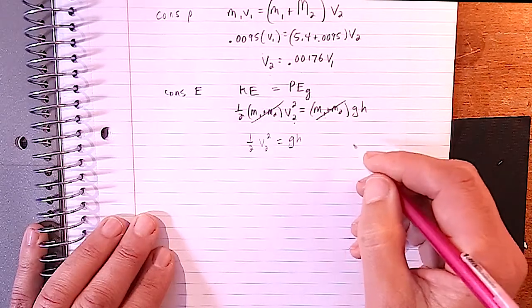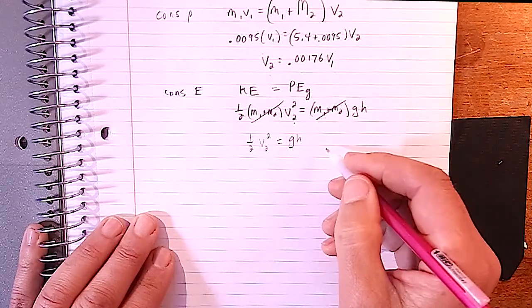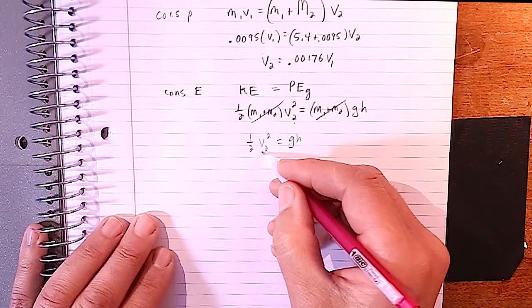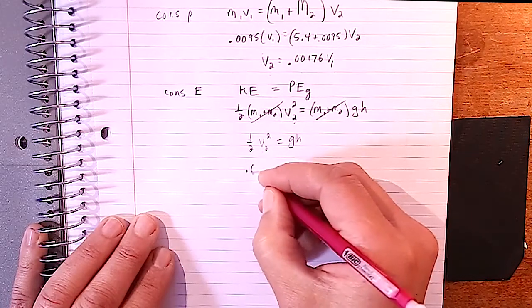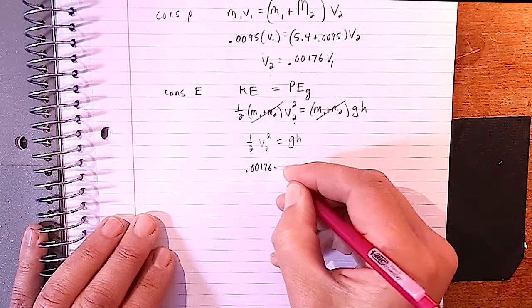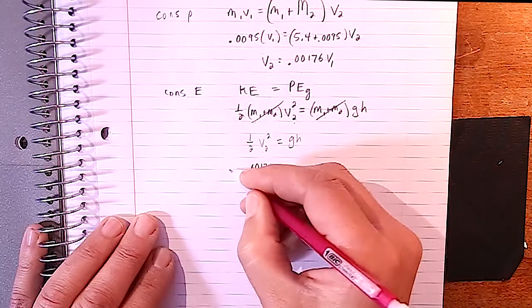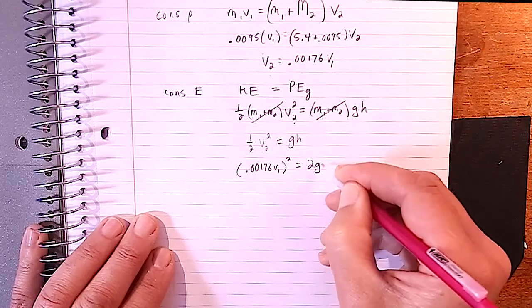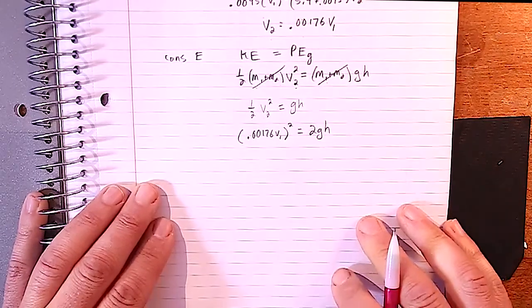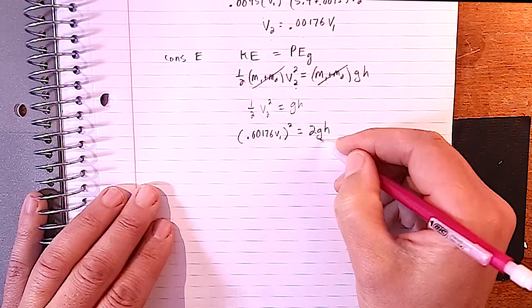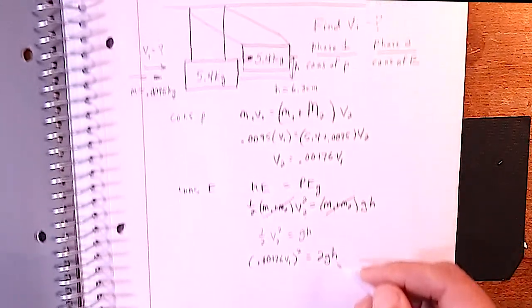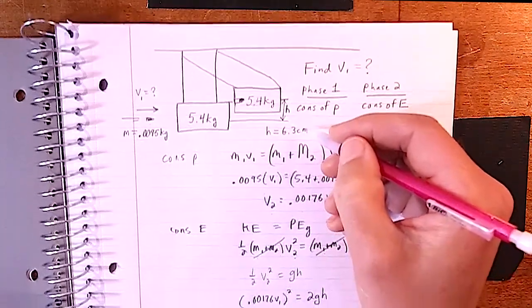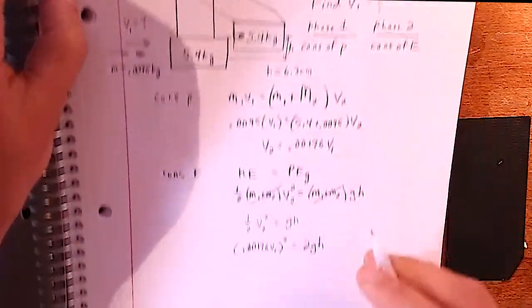And all we need to do is multiply through by 2 and sub in for v2. So that's going to be 0.00176 v1, and all of that squared, equal to 2gh. And putting in 9.8 for g, and the height that we were given of 6.3 centimeters.